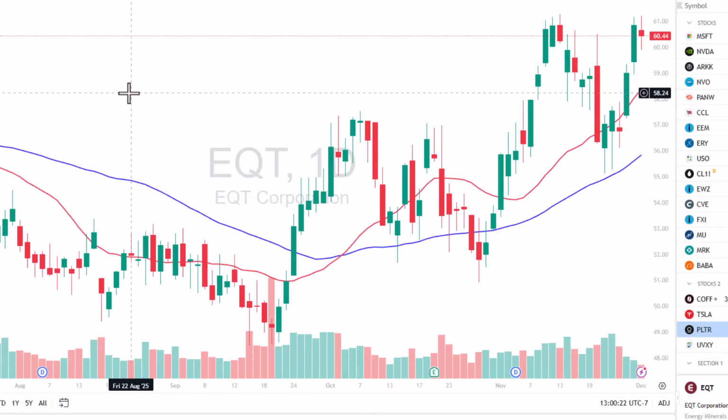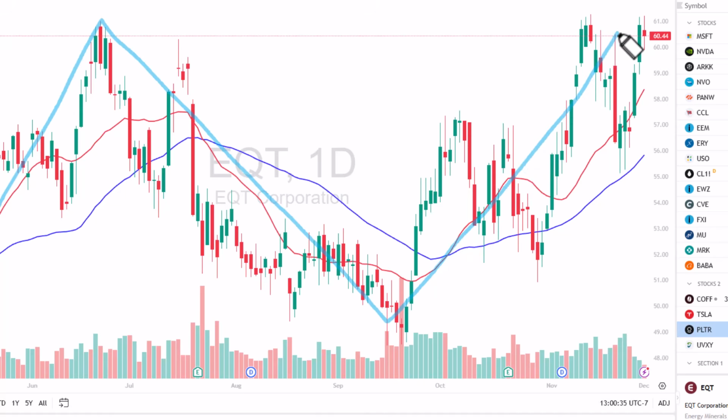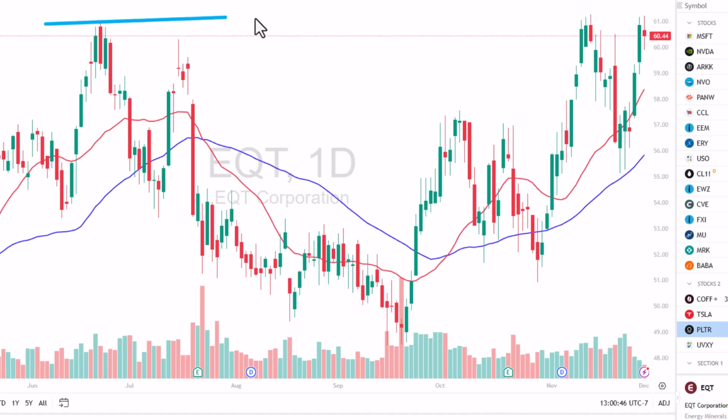So could this be a double top? It could be, right? This could be the left side of that pattern. So if we were to draw it out, this could be the big M pattern. It's possible, right? And then you turn down and away you go to the downside. Instead, I think this has a far more likelihood of being an ascending triangle.